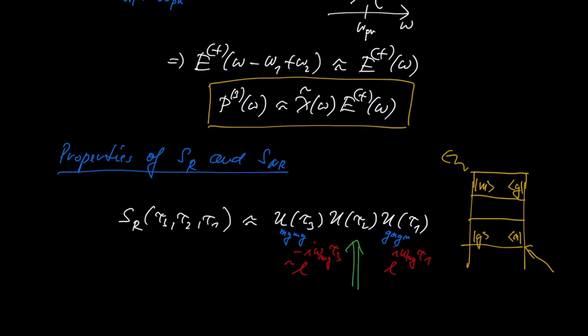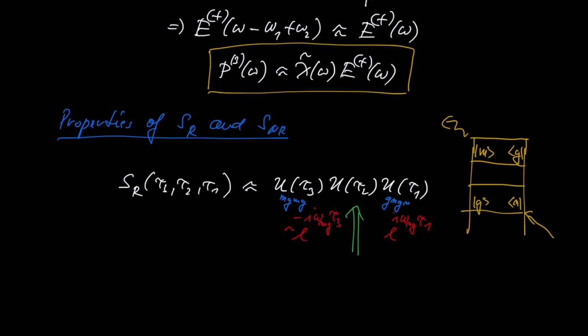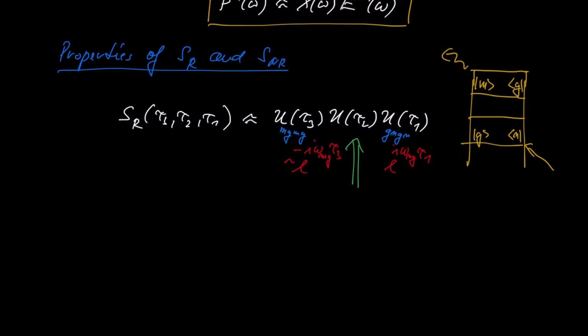This is the evolution of populations of the excited states, for instance, or some coherences also between two excited states.